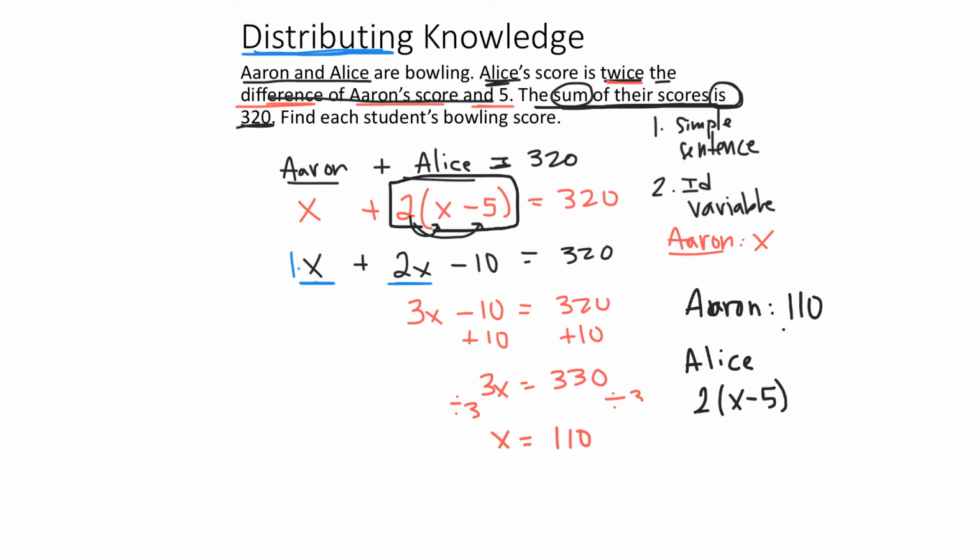We plug in x, which we know is Aaron's score, so 2 times 110 minus 5. That's 2 times 95, and in this case, Alice scores a 190. And so that's how we can utilize distribution in creating and solving equations. Okay, and so that's it for this video on creating and solving equations when we're given verbal models.